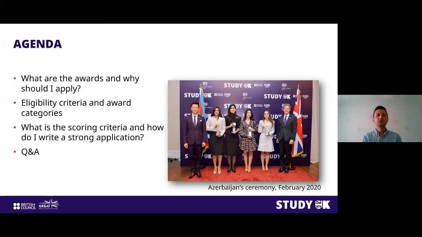Great, thank you. So what we'll cover today is what the awards are and why you should apply for them, what the eligibility criteria are, and what the award categories are. We've got all new categories this year, so we'll talk a little bit about those. Then we'll talk about the scoring criteria, so basically what will happen to your application once you submit it, how it'll be scored, and some of the things you should look to include in your application and how to write a strong one.